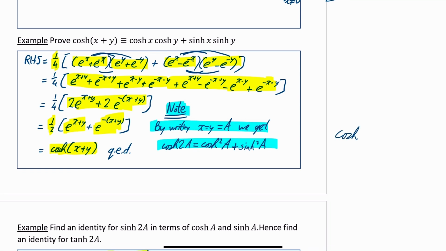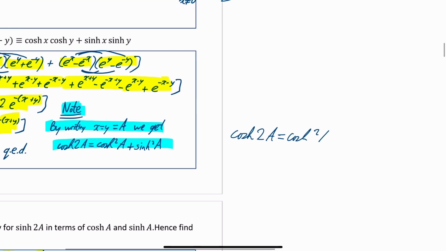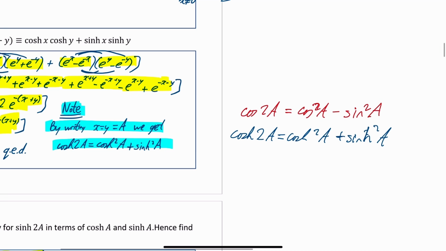Hyperbolic cos of 2a was equal to hyperbolic cos squared of a plus hyperbolic sine squared of a. Now compare that with its circular version. The trig version was cos of 2a equal to cos squared of a minus sine squared of a. So it's very similar, except that the product bit, the sine squared bit, which means sine times sine, where it was negative, it turns to be positive.